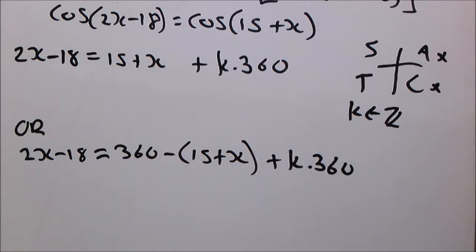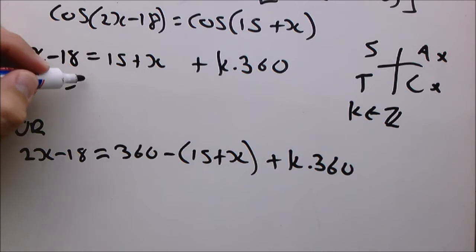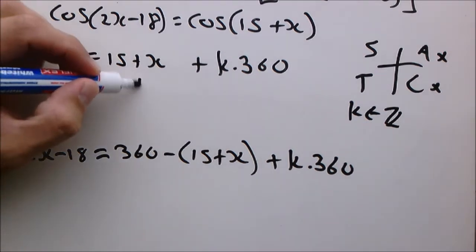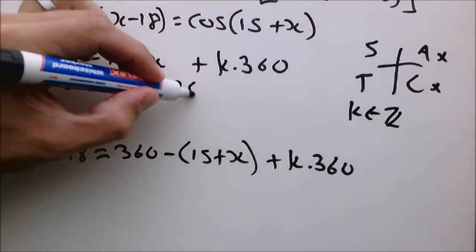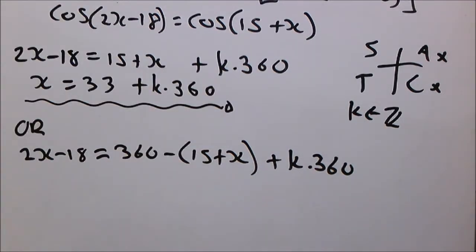So there you have your two expressions. Now we go into our simplification. So 2x minus x becomes an x, and 15 plus 18 is 33, plus k 360. There's our first general solution.